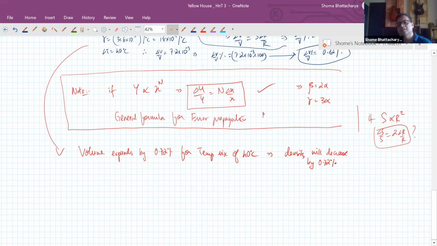Another example of this you'll remember was that the time period of a pendulum is proportional to the square root of length. So that's why the fractional change in time period was half of delta L by L. We had done this last time with the time period of the pendulum. Y and x are any two physical quantities. If they are related by a power, that's why I said it's a general formula.